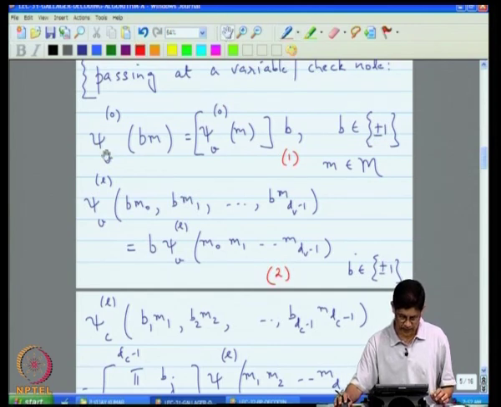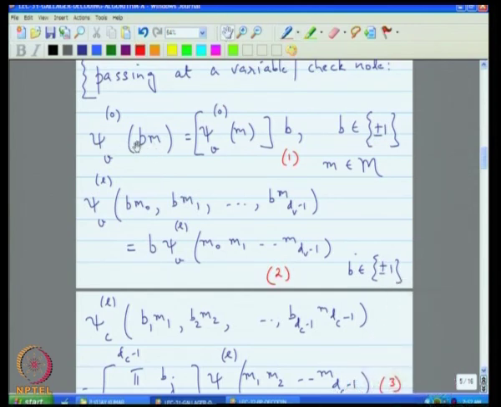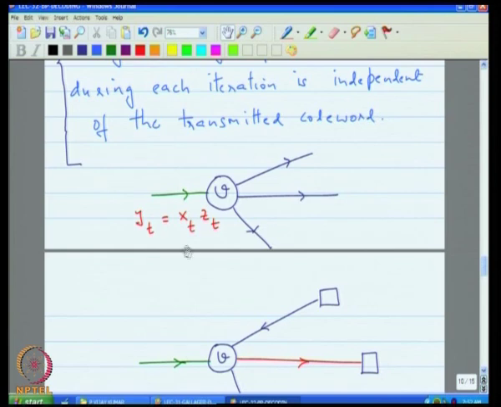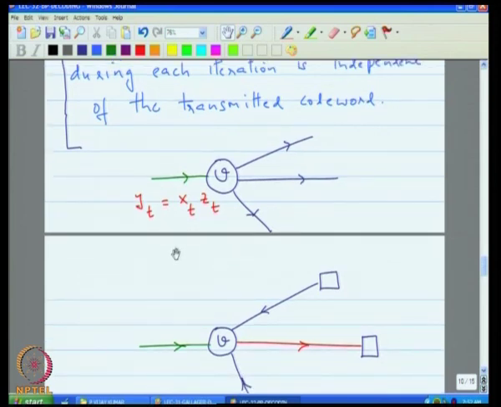one of the assumptions was that if you multiply the input by a binary plus minus 1 symbol, that factors right out of the message. Okay. So, what that means is that the message that is actually passed here is xt times psi 0 v of zt.